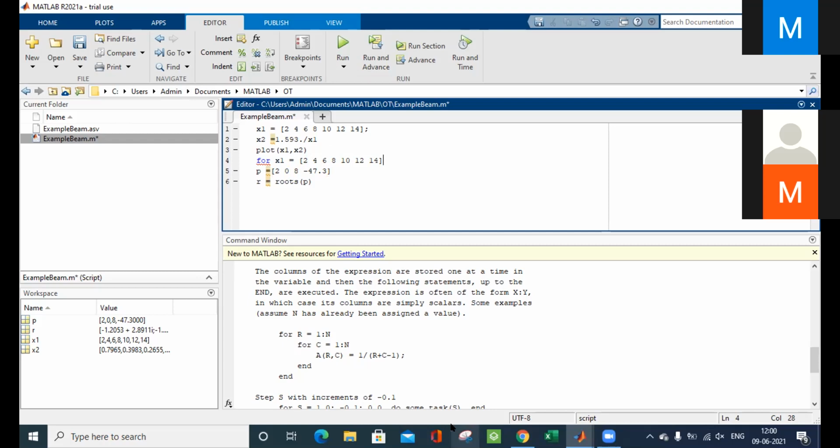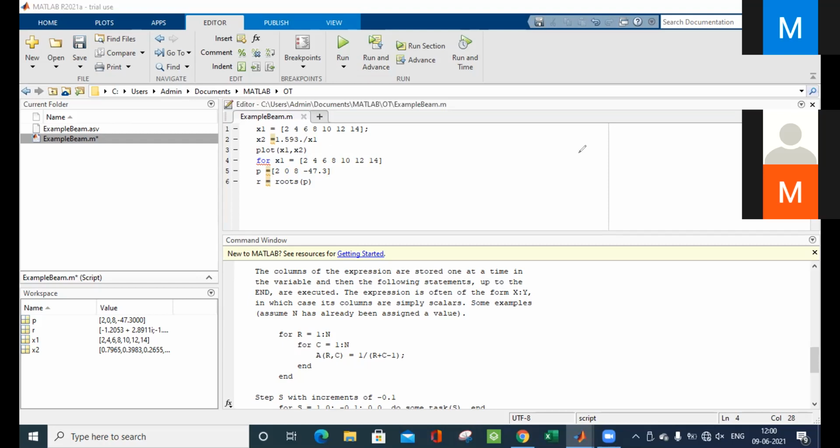The equation was something like this, right? X1 cube into X2 plus X1 into X2 cube minus 47.3 is equal to 0. So I am going to consider X2 as a variable.